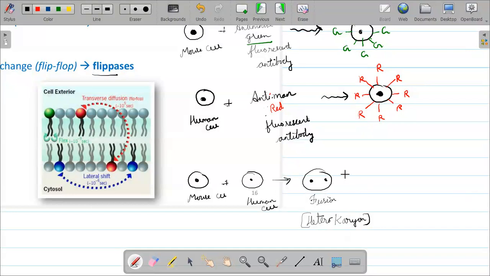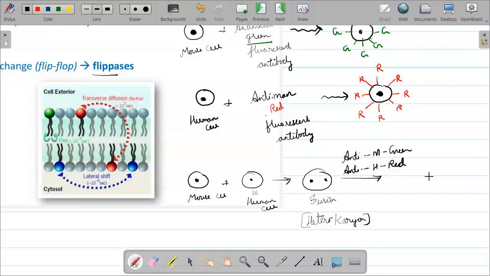Now to this, what they added is anti-mouse green, they added anti-human red. Both were added.